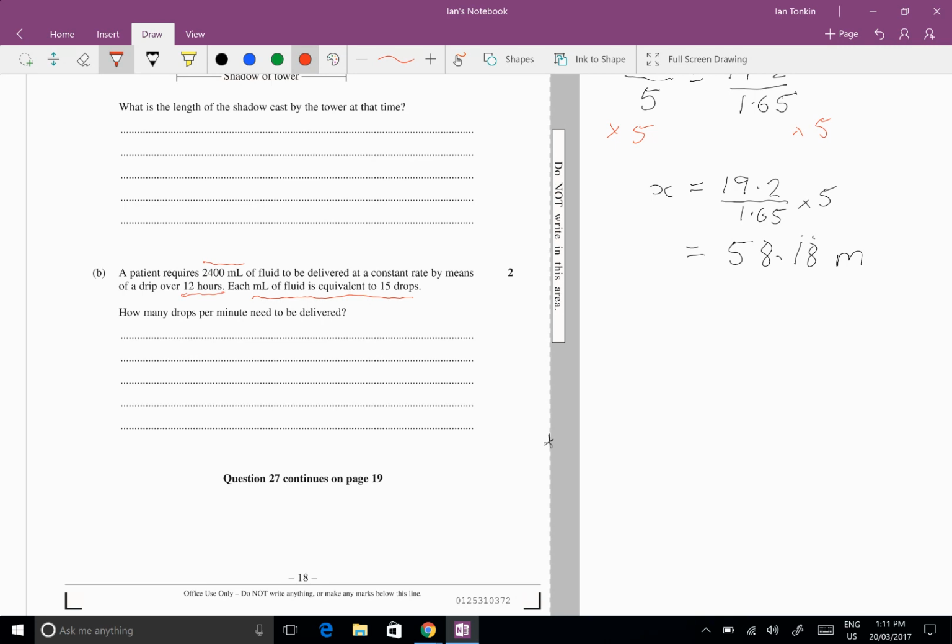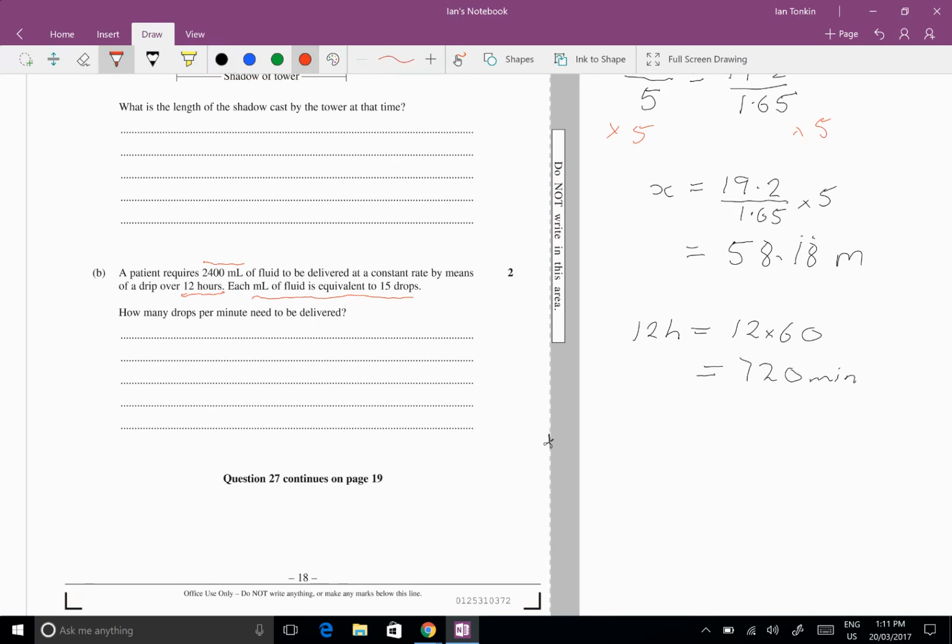So let's start by going, well, 12 hours. And it needs to be a constant rate. Well, 12 hours is 12 times 60, which equals 720 minutes.